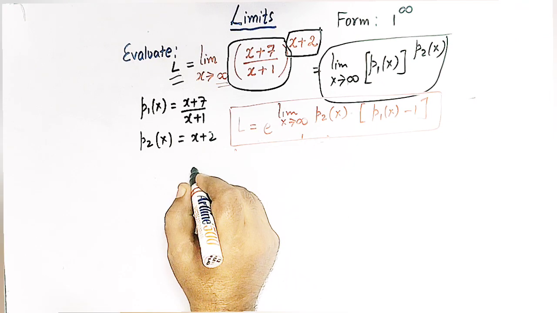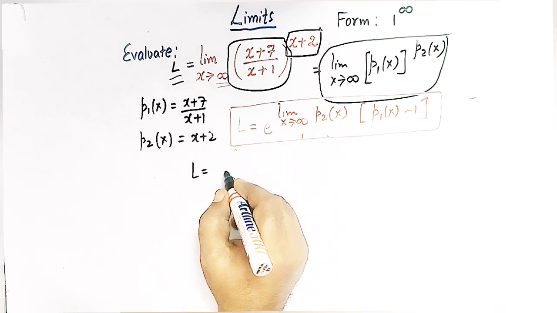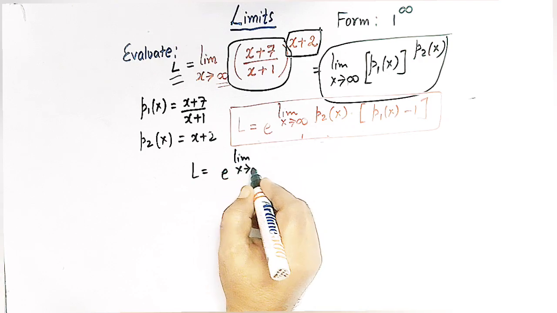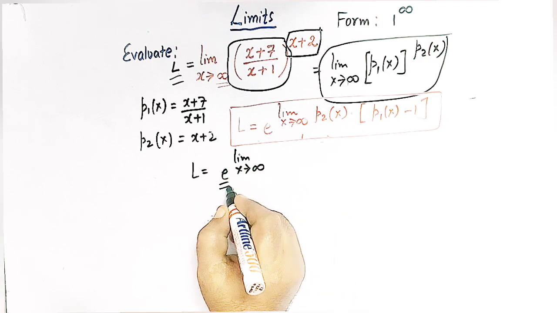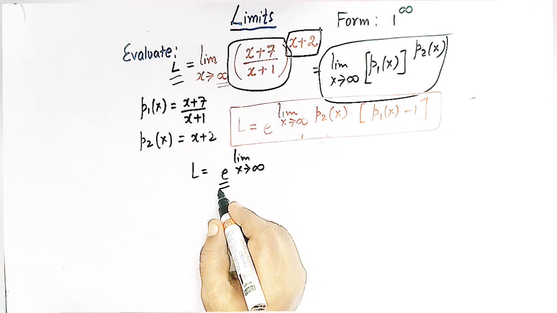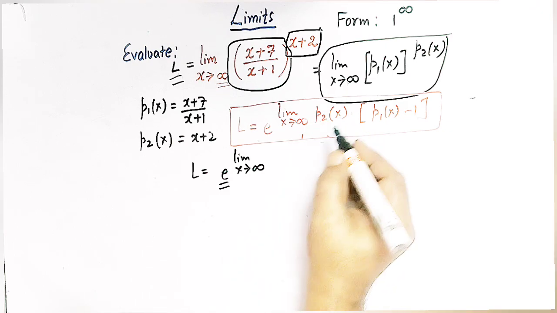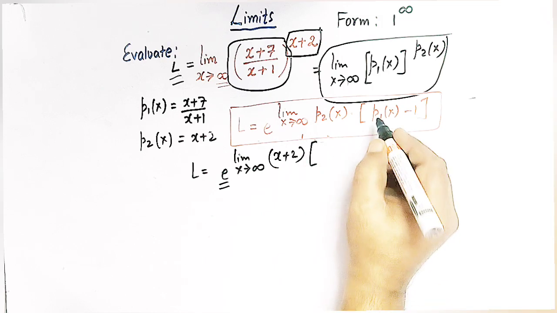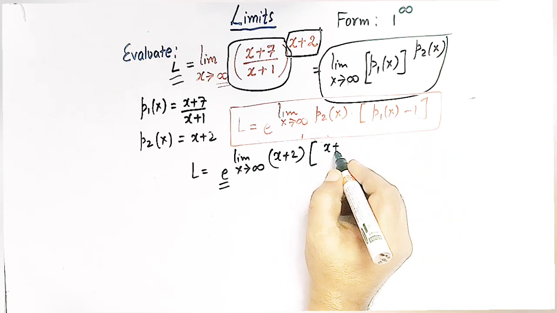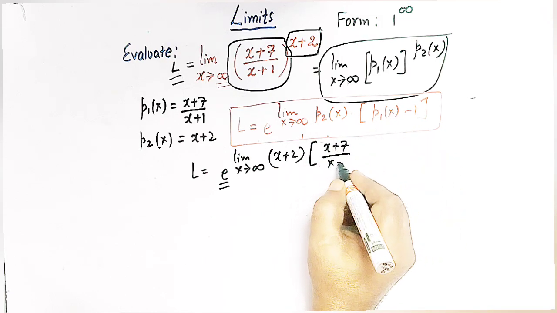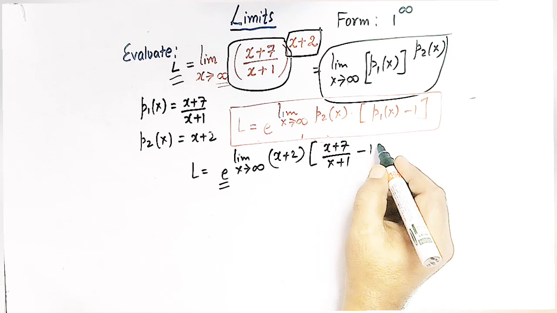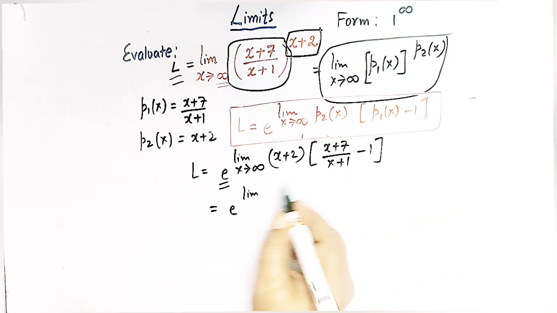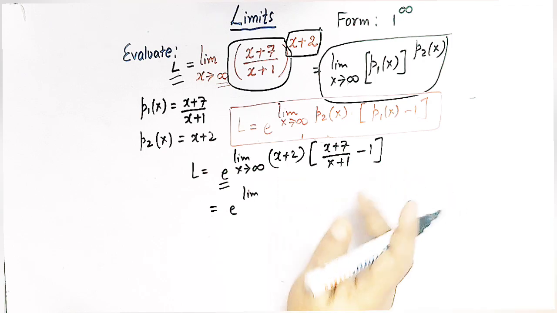So now we can simply write L is equal to e raised to limit x tends to infinity. Here e is the famous exponential number. p2(x) is x plus 2, and p1(x) is (x plus 7) over (x plus 1), and here we have minus 1. Let us first simplify this expression.